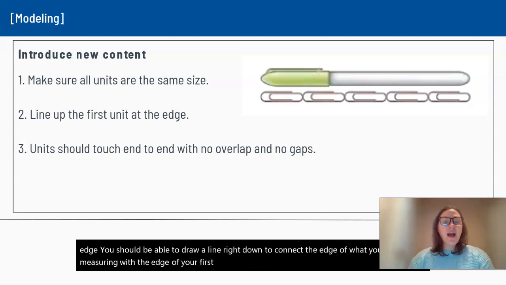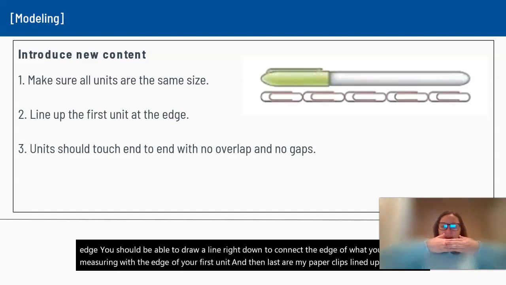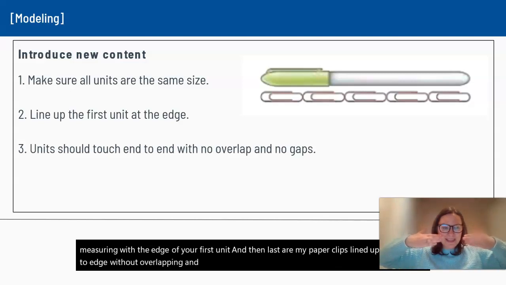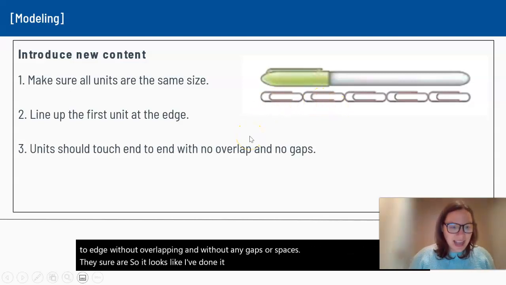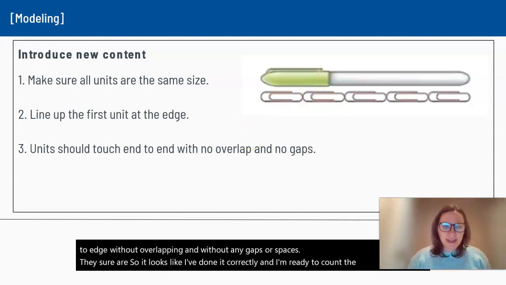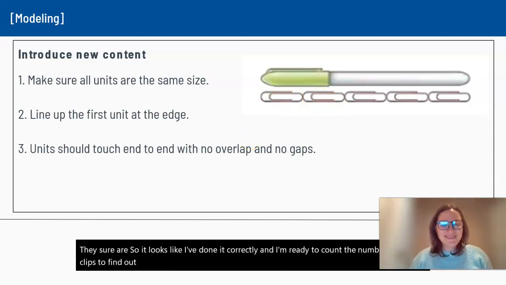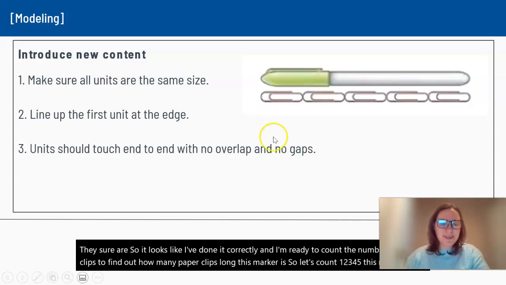And then last, are my paper clips lined up, sitting edge to edge without overlapping and without any gaps or spaces? They sure are, so it looks like I've done it correctly. And I'm ready to count the number of paper clips to find out how many paper clips long this marker is. So let's count. 1, 2, 3, 4, 5. This marker is 5 paper clips long.